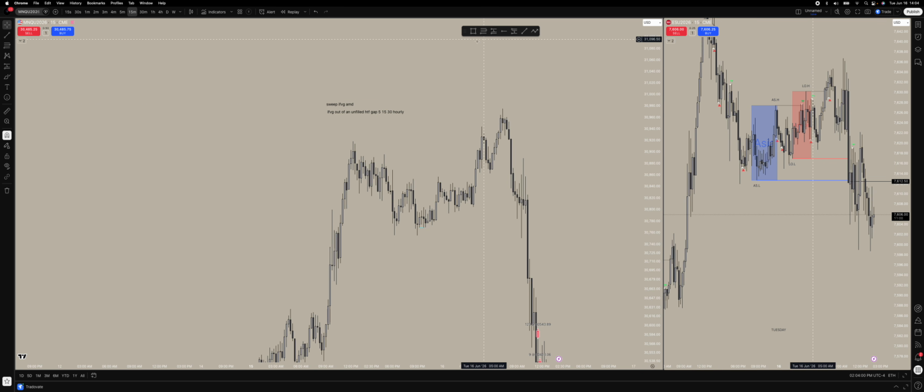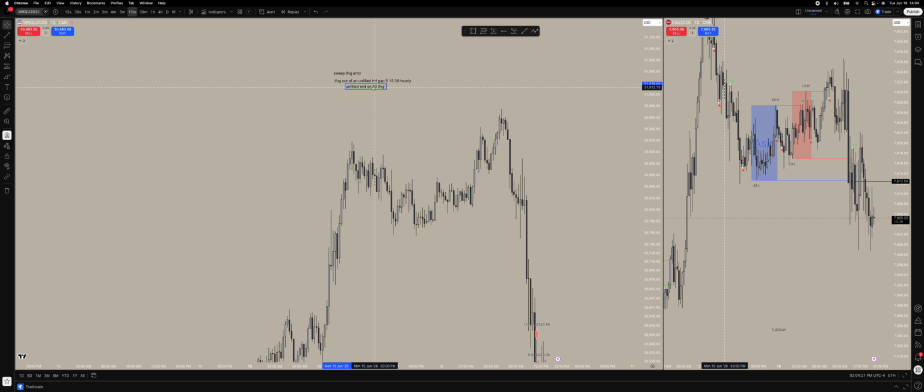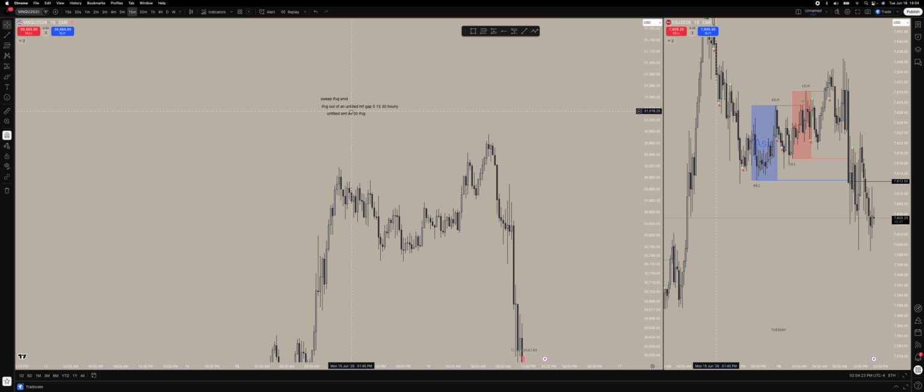For me, the one thing that works best, in my opinion, is an unfilled 15, and then we have an SMT with ES, and then we have a 30-second IFVG. The biggest thing about my model and how I trade is that I really only take 30 seconds.